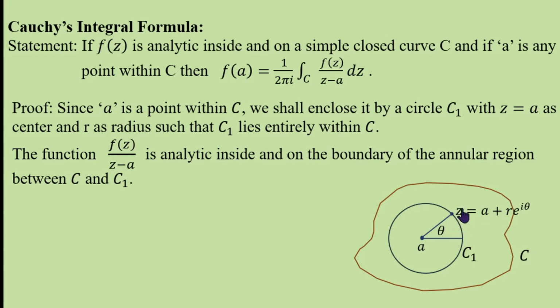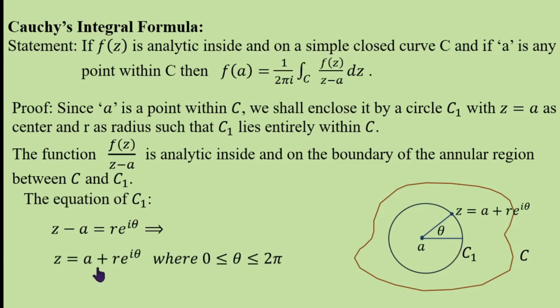Now z minus a is r e power i theta, and z is nothing but a plus r e power i theta. Theta varies from 0 to 2 pi, that is the circle. The equation of the circle C1 is z minus a equal to r e power i theta, or z equal to a plus r e power i theta, where theta varies from 0 to 2 pi.